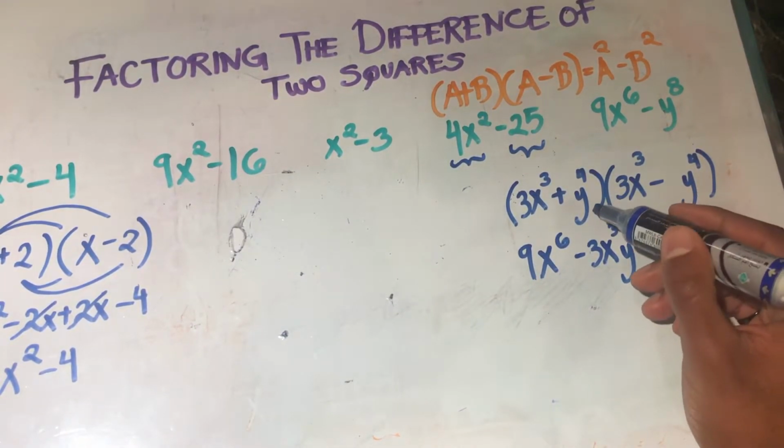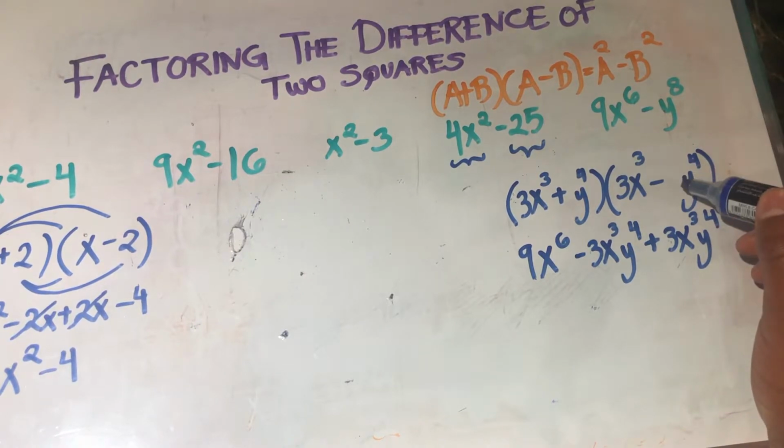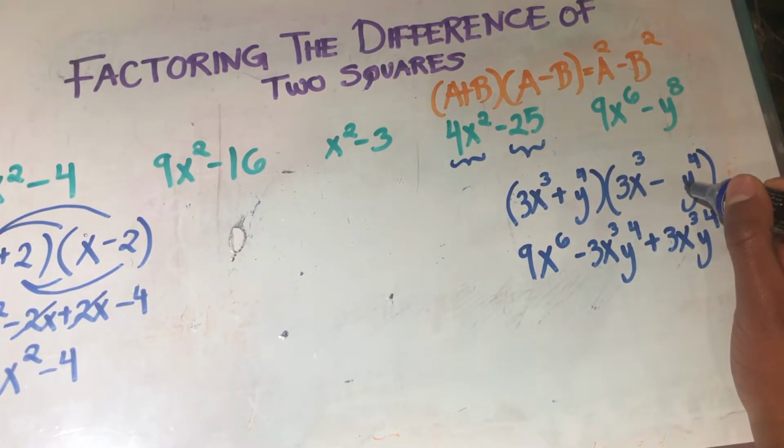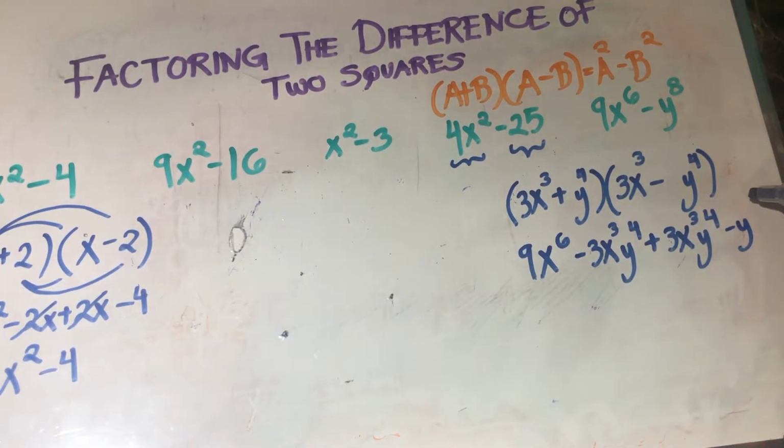Then we have y to the 4th times negative y to the 4th. And that's going to be negative y. Since it's the same base, the powers are going to add. So y to the 8th.